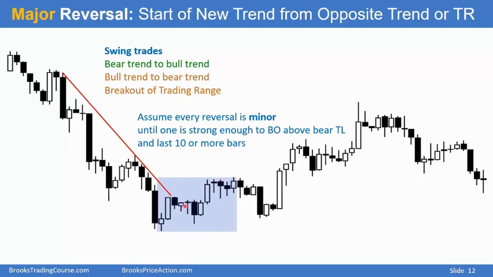For example, if it breaks above the bear trend line and rallies for 10 bars or so, or even goes sideways for 10 bars or so, that is a sign that the bulls are becoming stronger and the bears are becoming weaker. This is still a minor reversal, but it's warning traders that the trend might be near an end and it could convert either into a trading range or a bull trend.